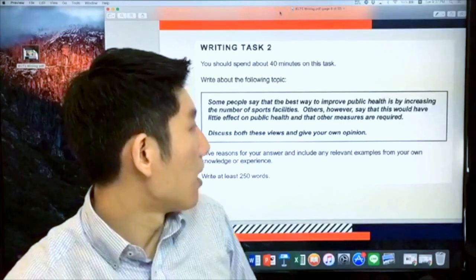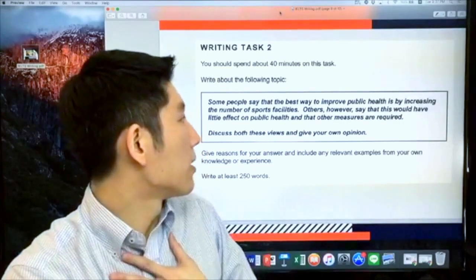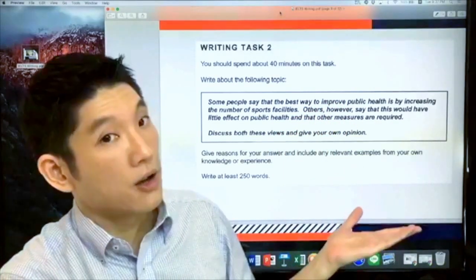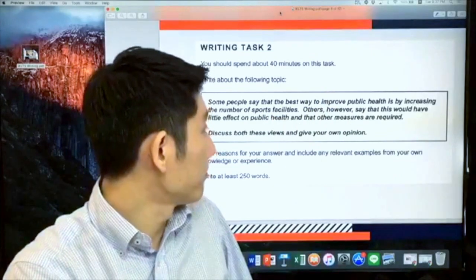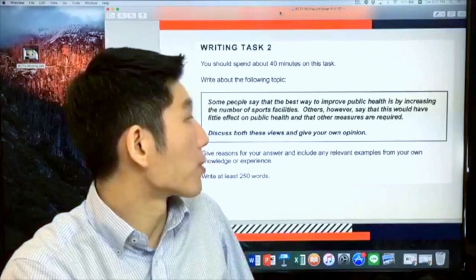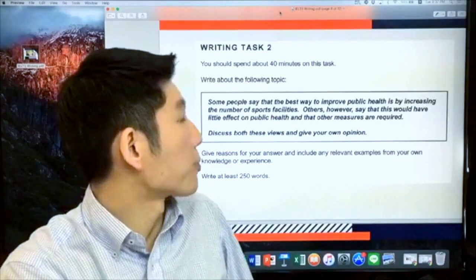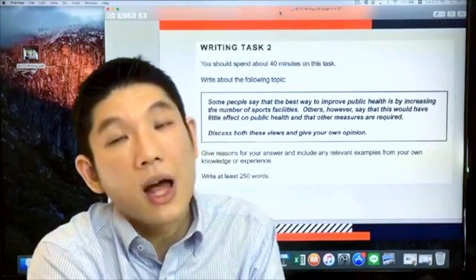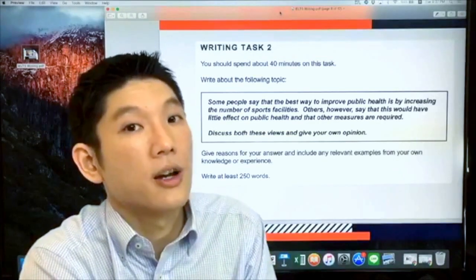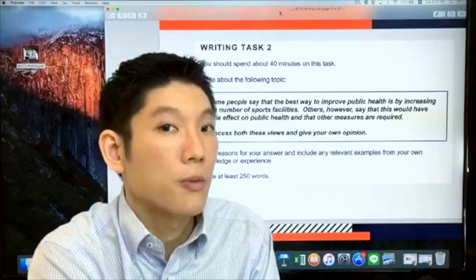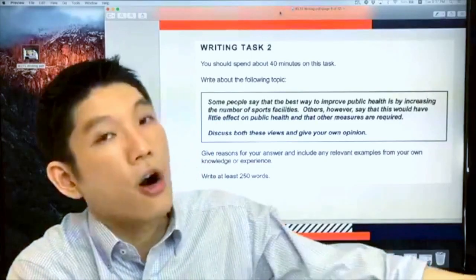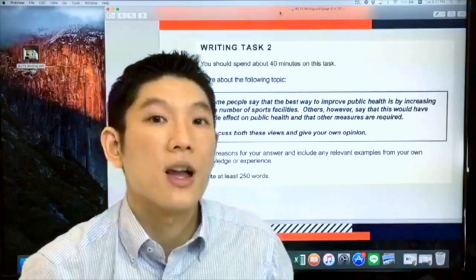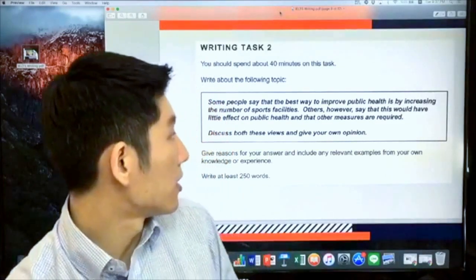Okay. I personally think that this will not have much of an effect because, well, I think there are better ways, and just improving sports facility like gyms and perhaps even parks will not really encourage people to exercise. We can see this clearly from Taiwan. There are parks and sports facilities everywhere, but people seldom have the time to do exercise.